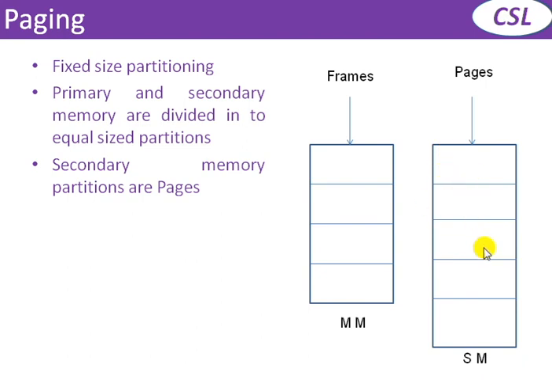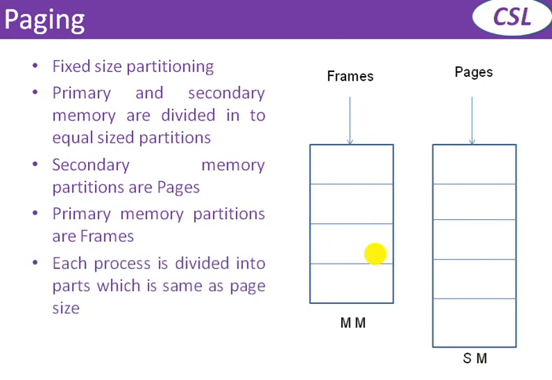These are the partitions and each partition is called a page. Primary memory is also divided into different partitions and each partition is called a frame. So the partitions in the secondary memory are called pages and the partitions in the main memory are called frames.